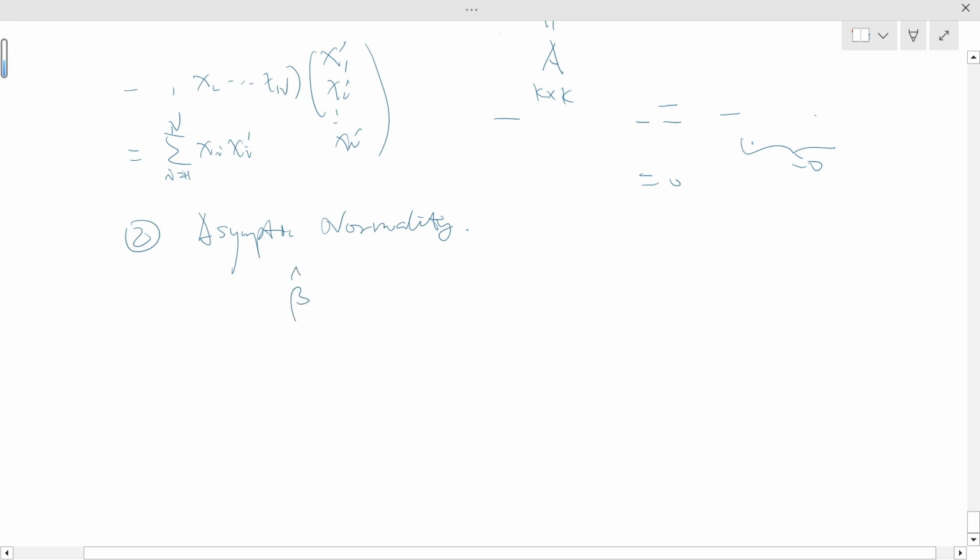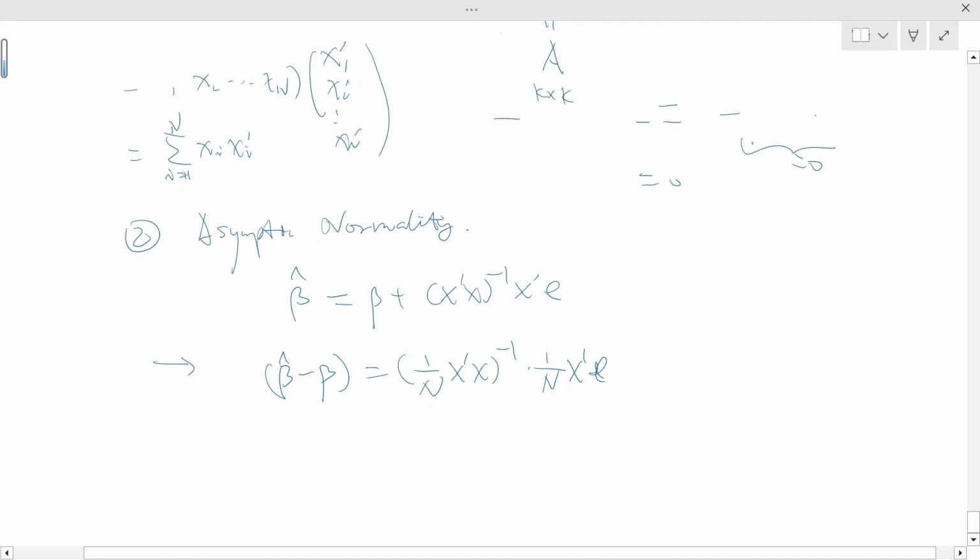We know that beta hat is equal to beta plus (X prime X) inverse X prime e. Let's rewrite this equation as beta hat minus beta equal to (X prime X) inverse X prime e.